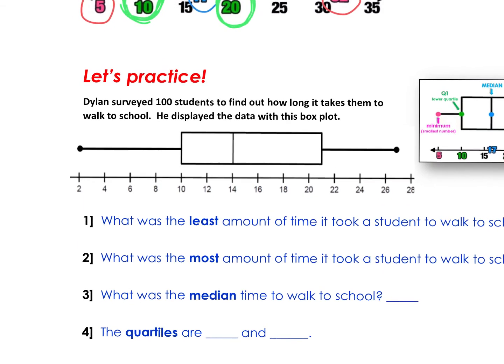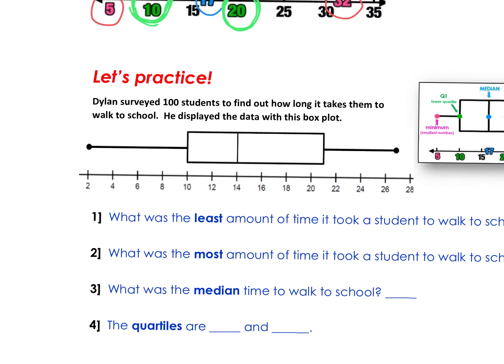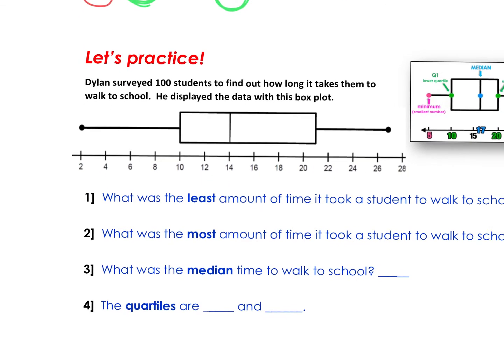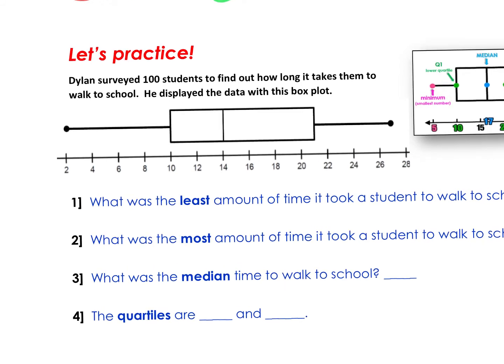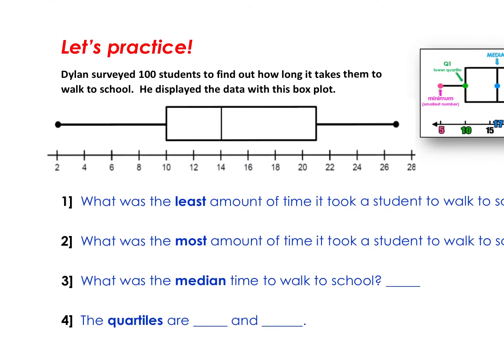Okay, and I'm going to do some labeling for myself. Even though I know it's out to the side, I still like to label things because then it kind of gets stuck in my head a little bit better. So I'm going to label this minimum over here, maximum, so max over here.